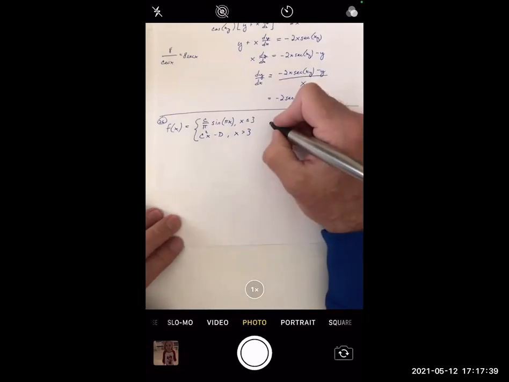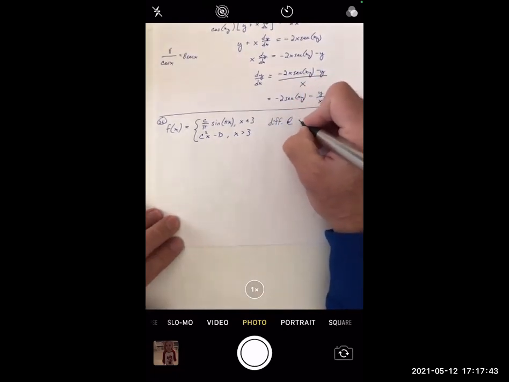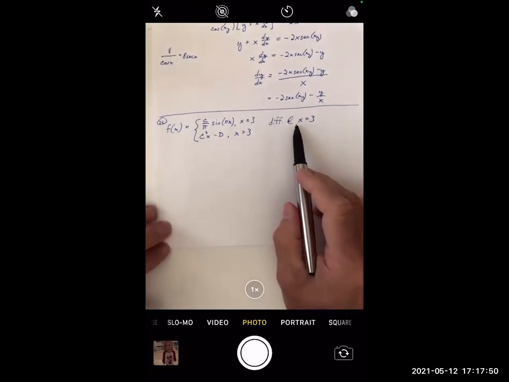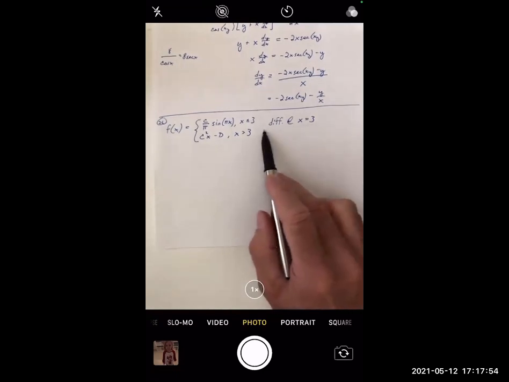Okay, so we know it's differentiable at x equals 3. So that means that the derivative is going to exist when x is equal to 3. But this is also telling you something else.